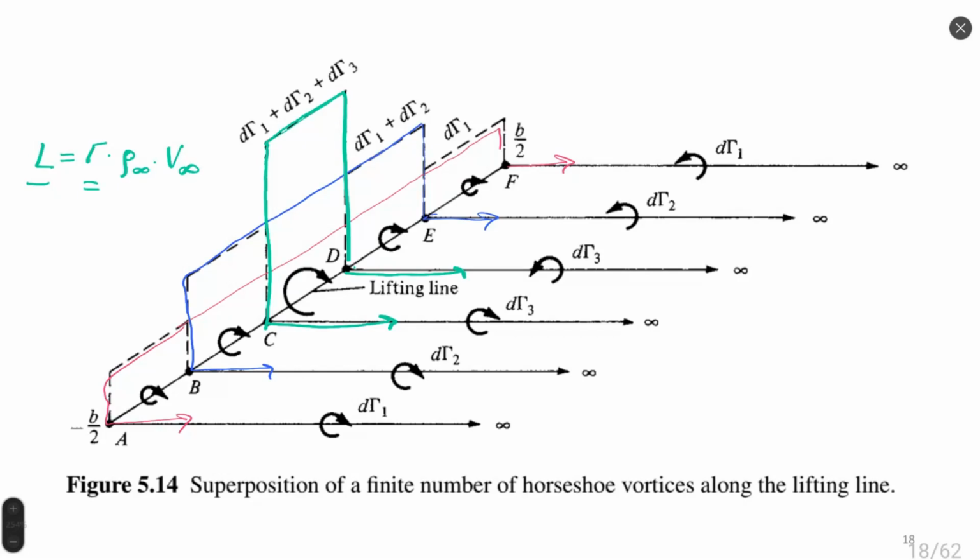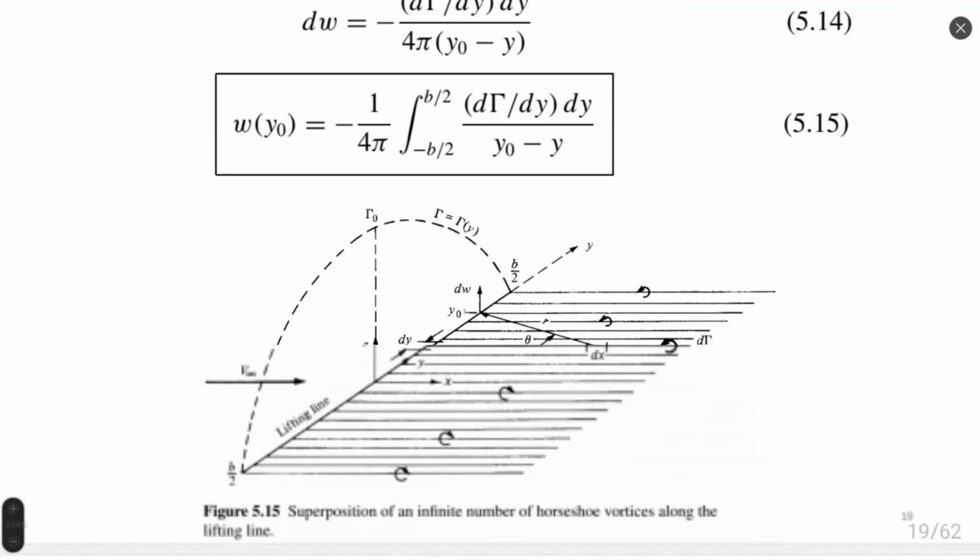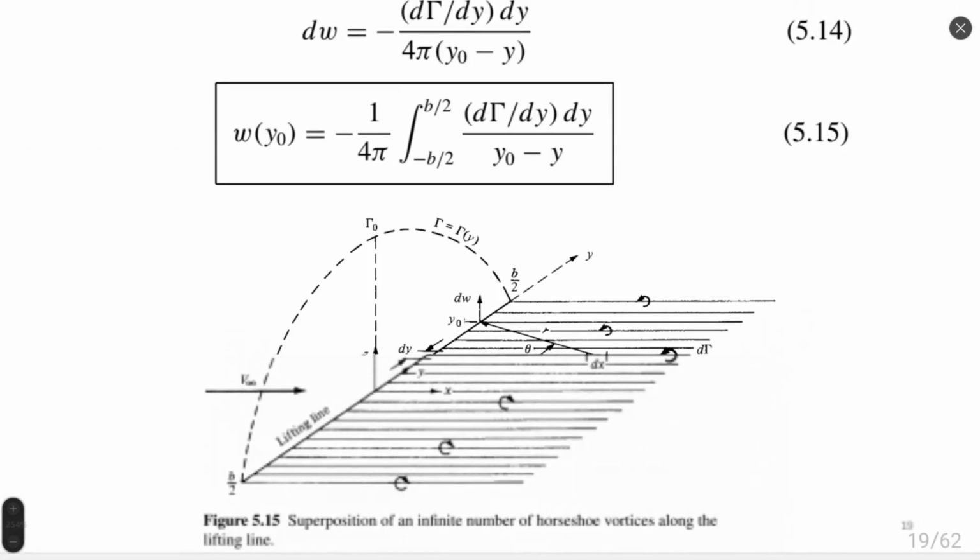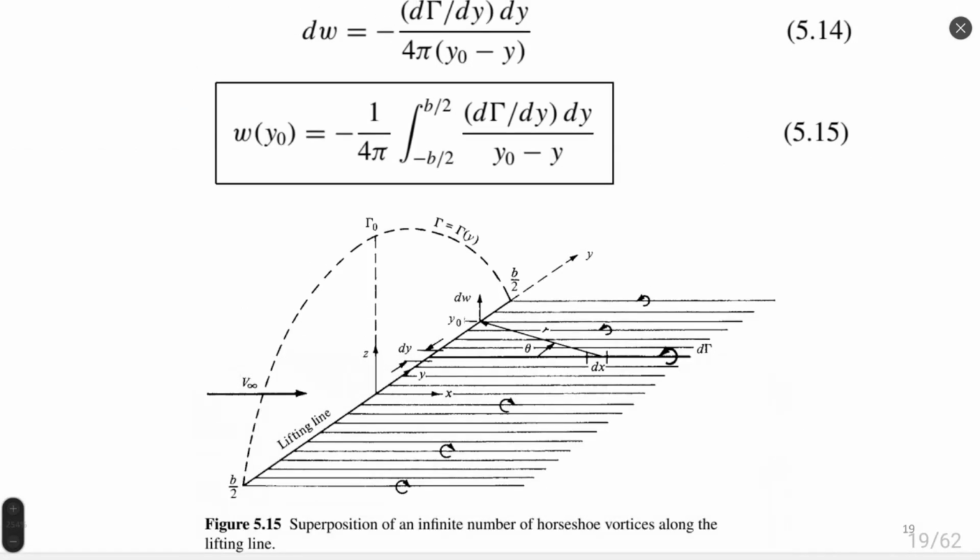Once we increase the number of vortexes, we can describe with any precision we need distribution of lift over a real wing. For example, here, by multiplying an infinite number of vortexes, we can calculate any shape of gamma we would like to have, or we have on a real wing.